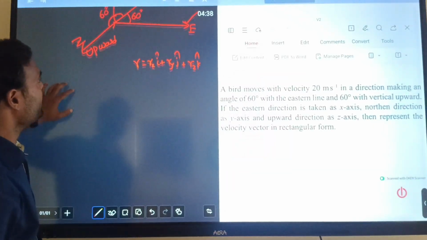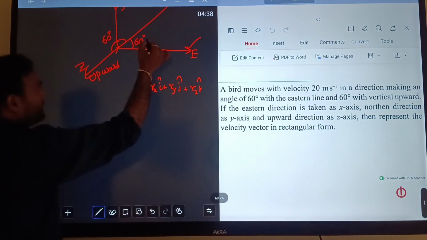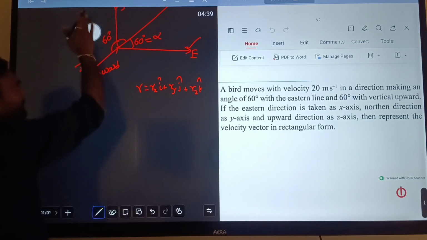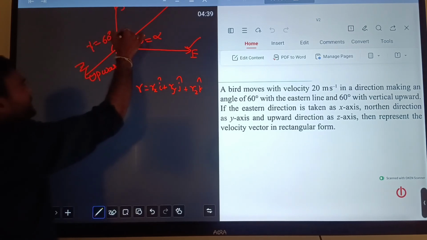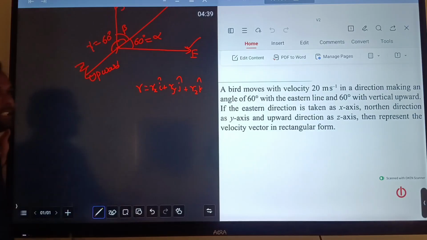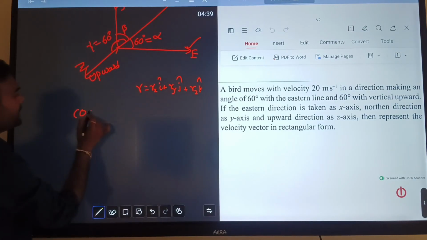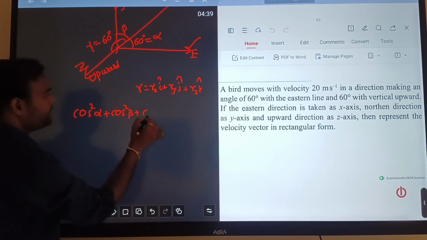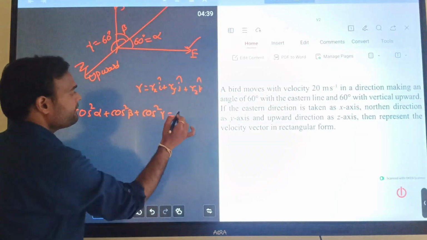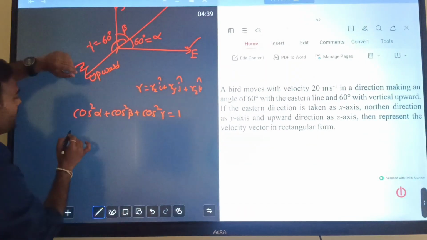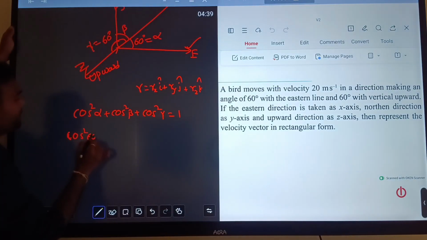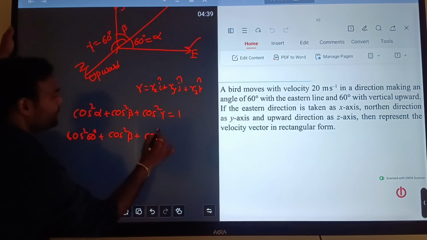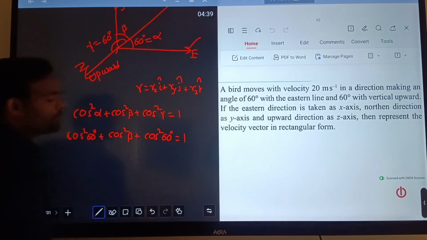Now according to our concept, this is alpha, this is beta, this is gamma, because the upward direction we are considering gamma, and northward is beta. Now by using cos square alpha plus cos square beta plus cos square gamma is equal to 1, that is cos square 60 plus cos square beta plus cos square 60 is equal to 1.